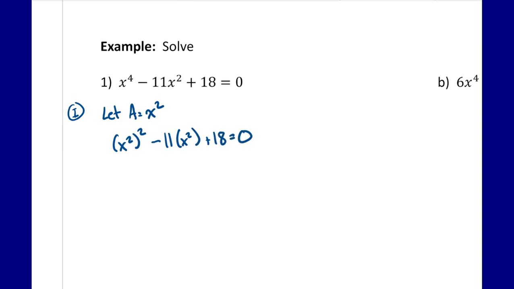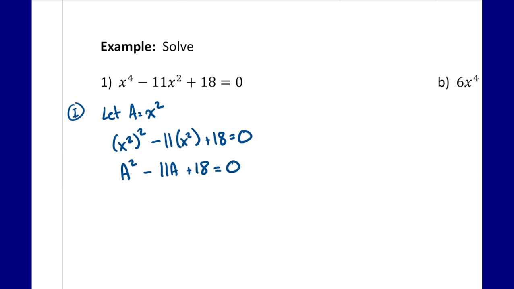The reason that I'm doing this is because this looks very similar to a simple trinomial. If I can get it to somehow represent a simple trinomial, I know how to factor those. So if I rewrite the above equation, I'm going to replace the x squared with a. This becomes a squared minus 11a plus 18 equals 0.